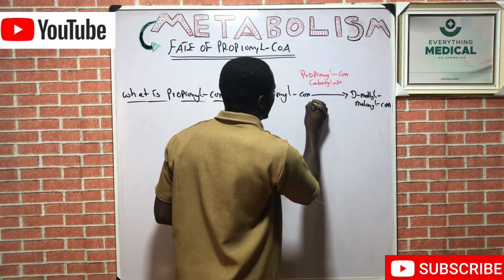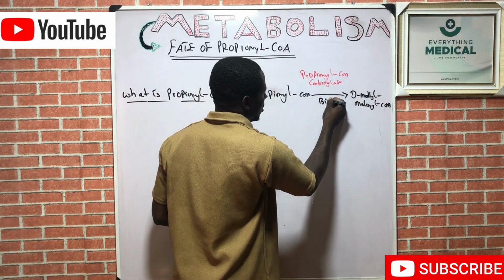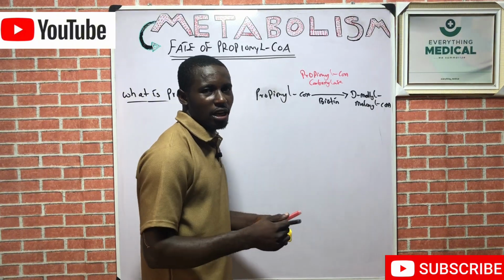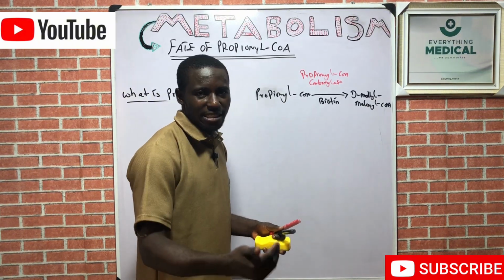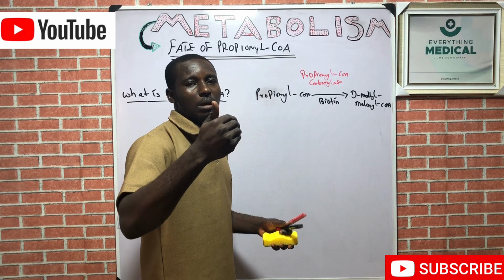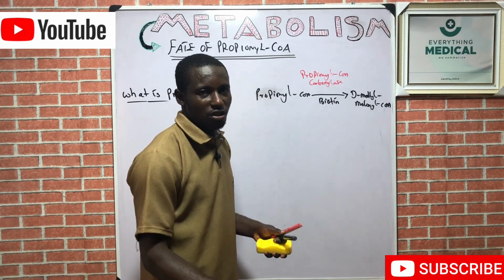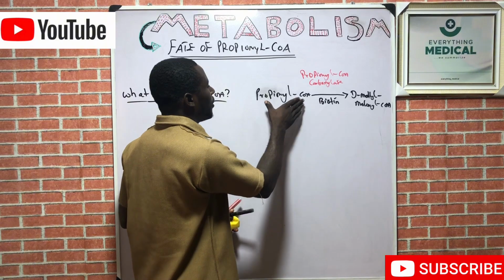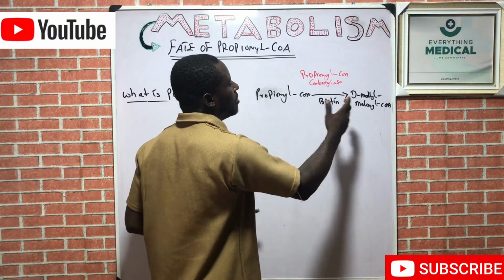So let's write biotin here. But then, one ATP is being utilized to facilitate the reaction, so that this propionyl-CoA will be carboxylated to D-methyl-malonyl-CoA.